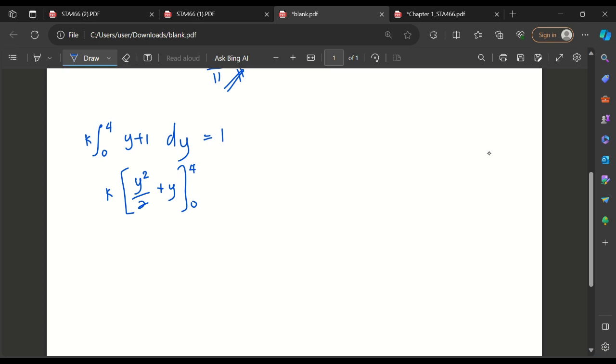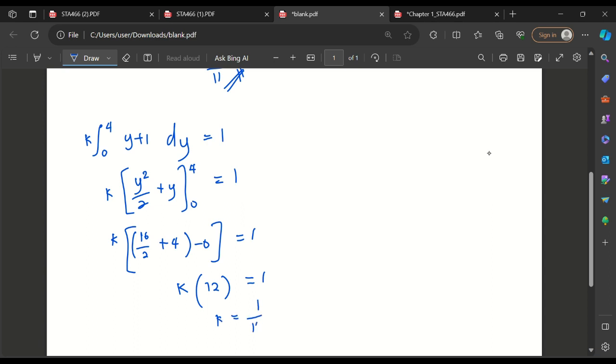So it is easy for you to integrate. So next, it will be replace y with 4. So you will get 16 over 2 or 8 plus 4 minus 0 equals 1. So k multiply by what? 12. Right? Equals 1. So k will be 1 over 12.